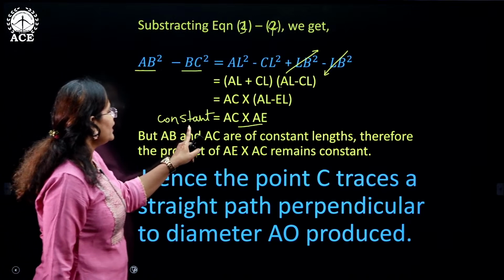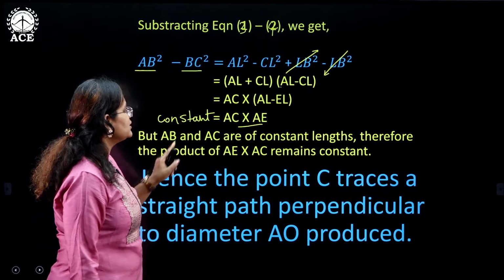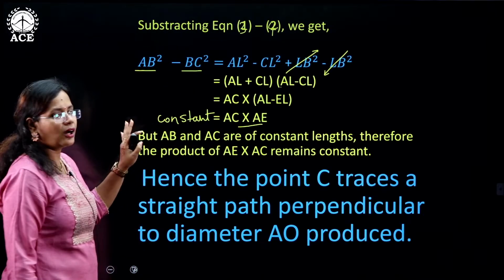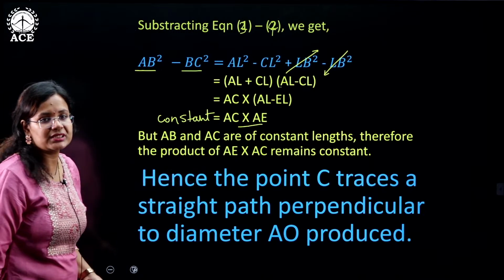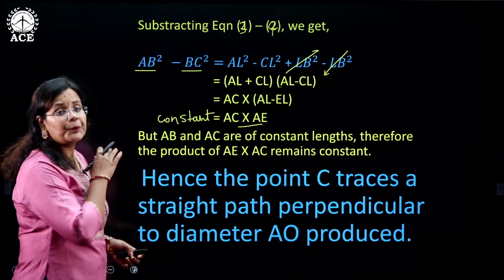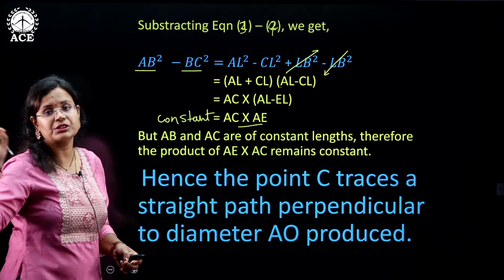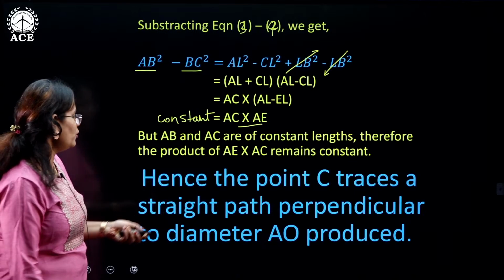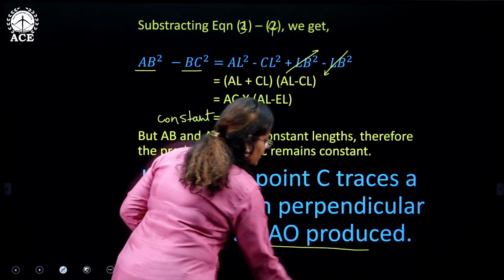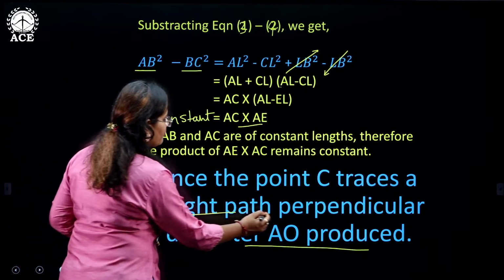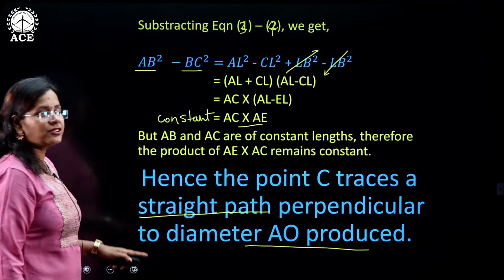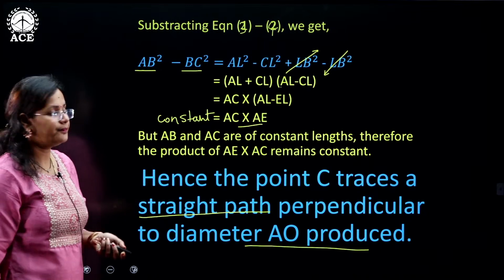So if AB and BC are constant, then this product is also constant. If these two are remaining constant, then of course C is tracing a straight line which is perpendicular to the AO when produced till G. That is what was required to prove. So hence point C traces a straight path perpendicular to the diameter AO whenever it is produced.